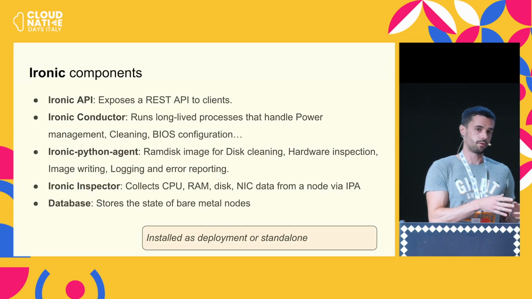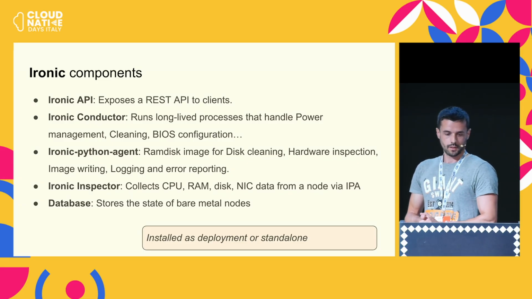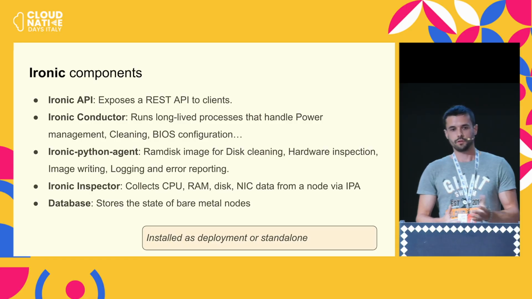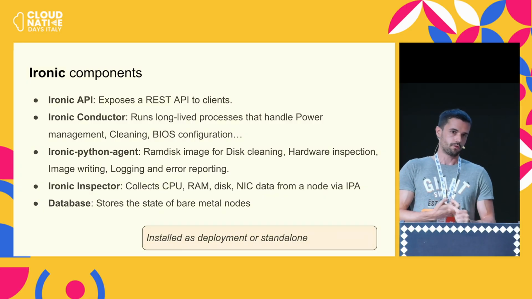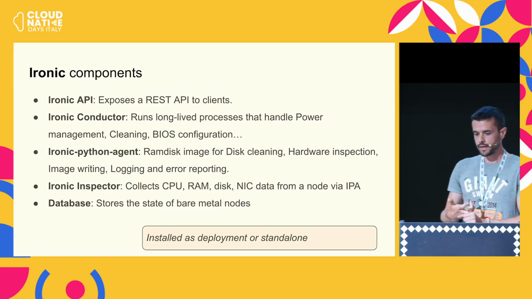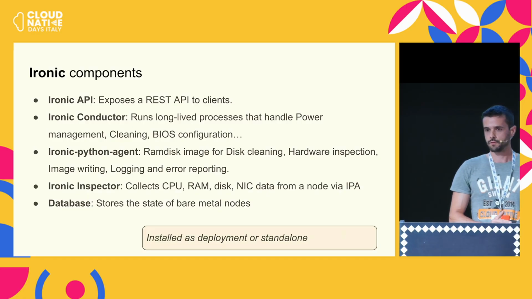So we don't talk to Ironic directly as operators. This is done by the bare metal operator. But Ironic is made of a few things. So we have the API, of course, that we talk to initiate all these things. We have the conductor, which will run the commands against the BMCs. We have the Ironic Python Agent, IPA. So it is a small RAM disk that will run in RAM on the servers.